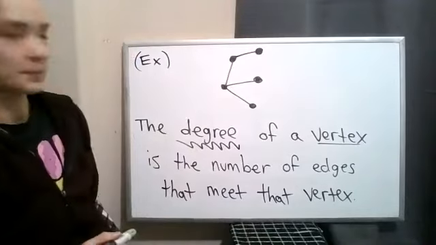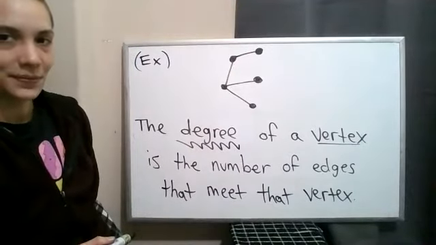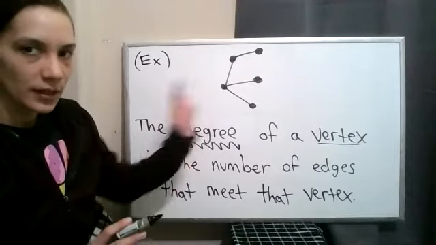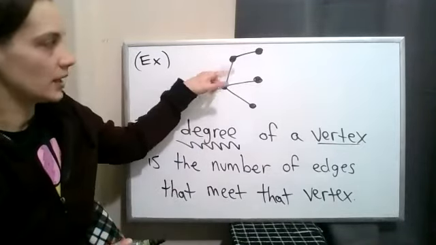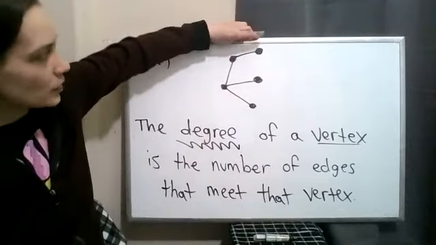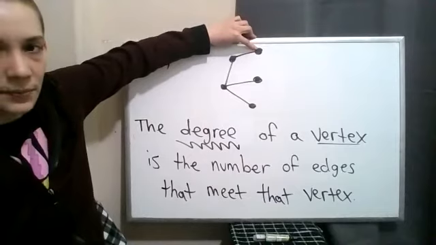Okay. We're not going to label the vertices. We're just going to label the degree of each vertex. So starting at the top, there's only one edge connected, so that's degree 1.